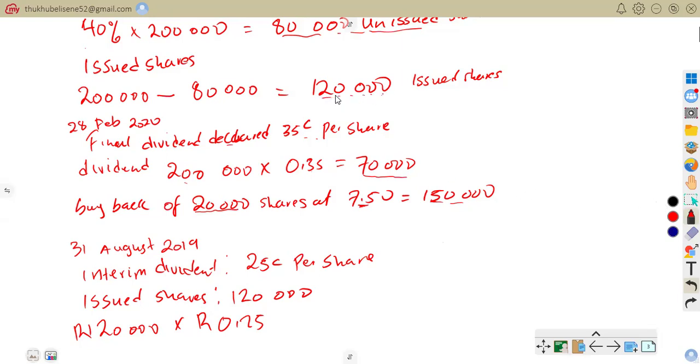The shares on the 31st, 2019, we are told that they were issued at 25 cents per share. So that is why we are multiplying the issued shares of 120,000 by this 25 cents per share interim dividend. So this is going to give us how much? 30,000. So that is that.